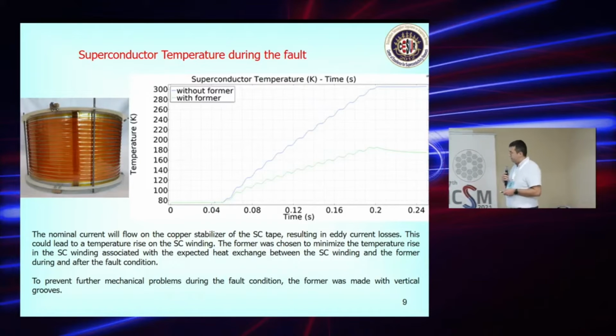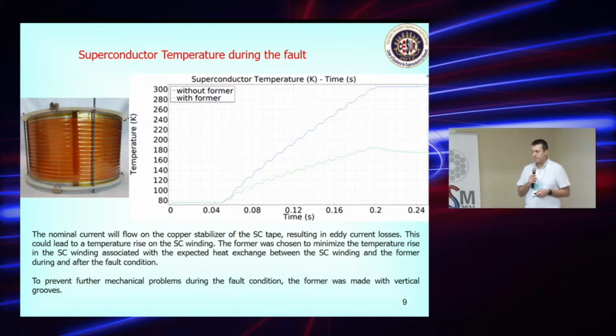Because as you see from the table graphic here, when we don't use a former, the heating grows up to about 300 K. And if we use a former like aluminum or copper, the heating is limited to about here. This is important for protection of the superconductor.